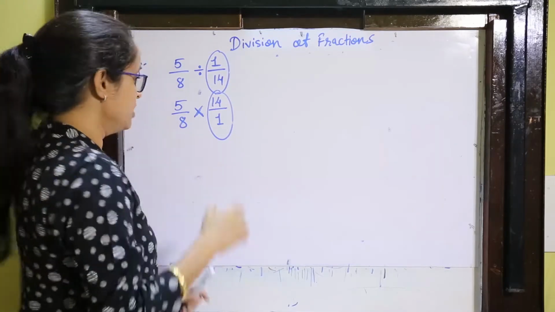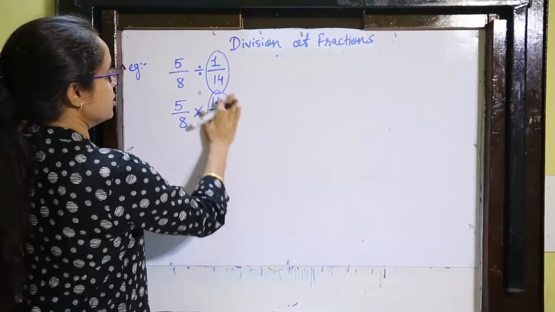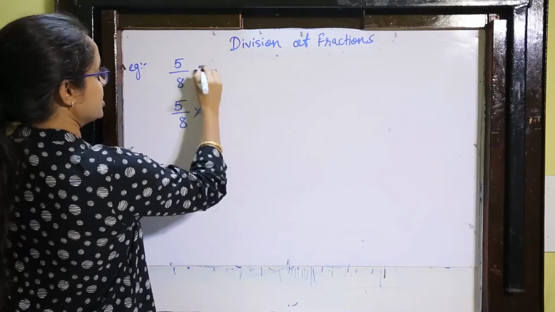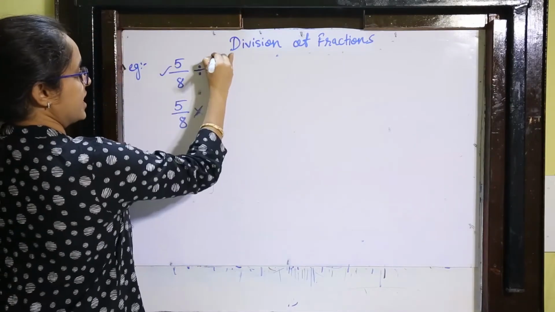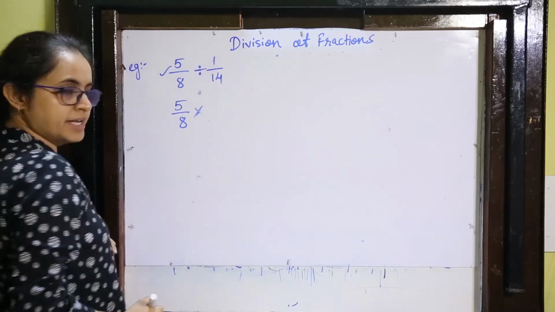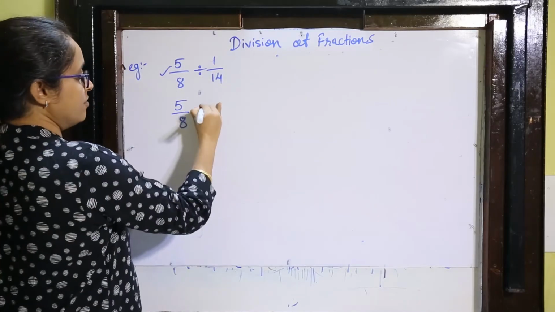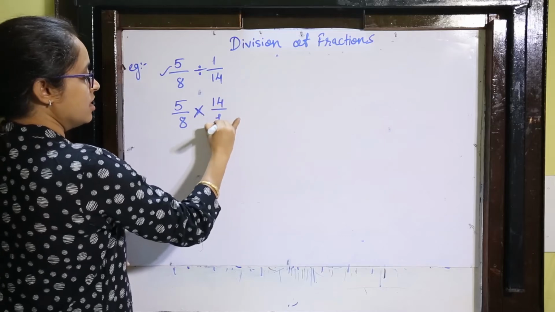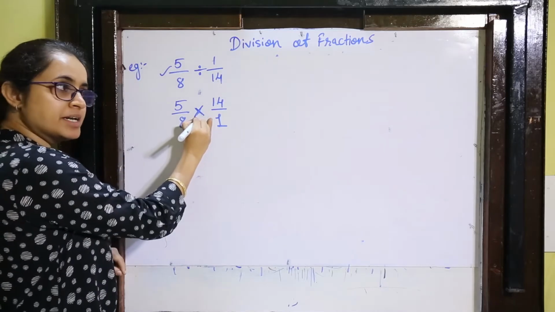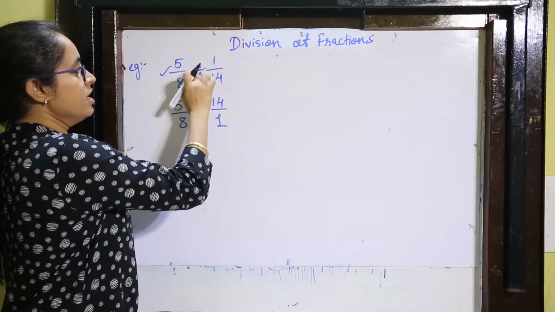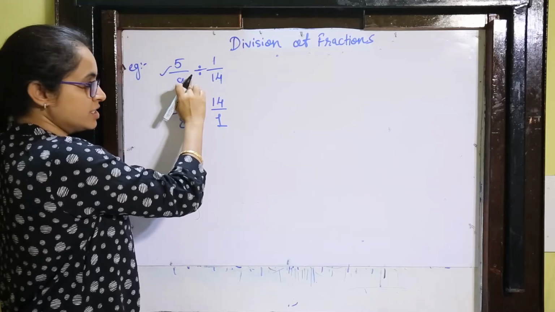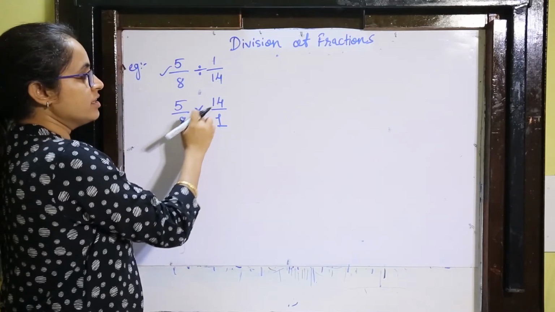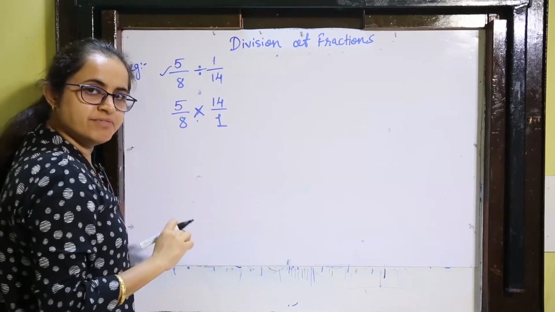Understood? Now here, the first fraction is 5/8, the second fraction was 1/14, correct? So what will be the reciprocal of 1/14? 14/1. And which sign will come in between? Multiplication, because when you are dividing two fractions, you are actually multiplying with the reciprocal of the second fraction.